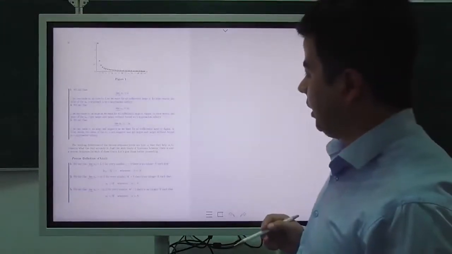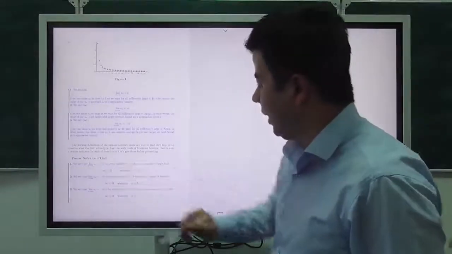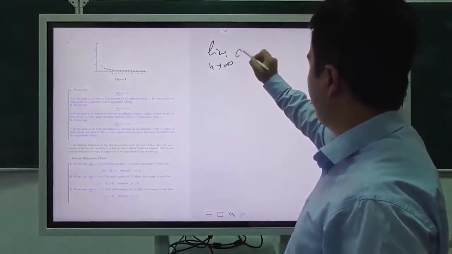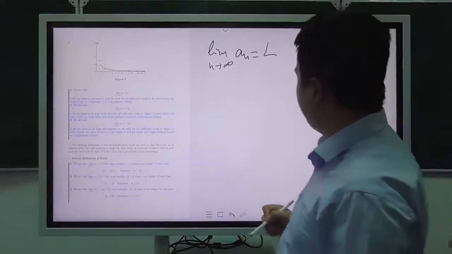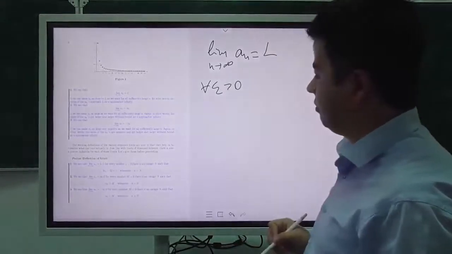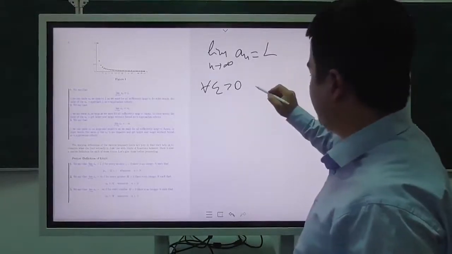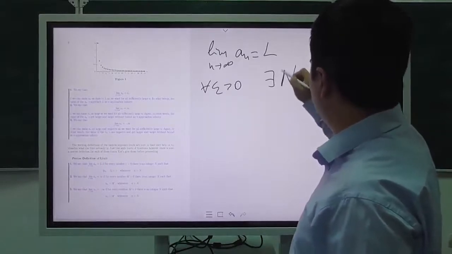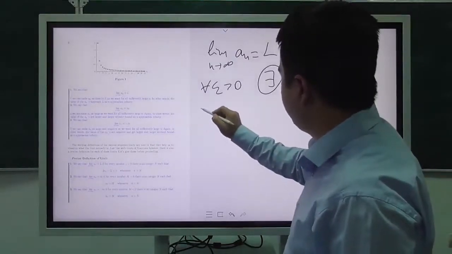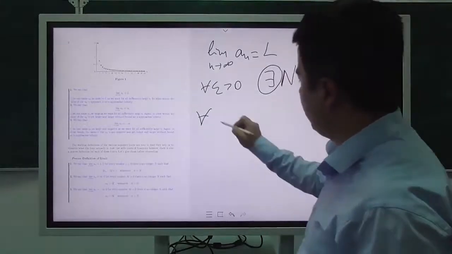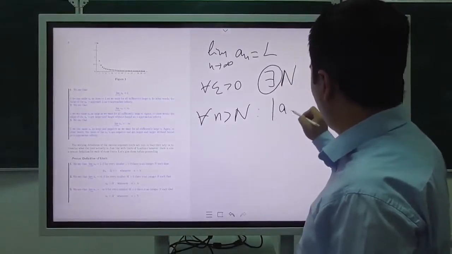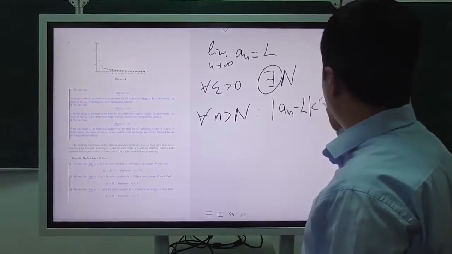So the next definition is: we say that the limit as n tends to infinity of an is equal to L if for every number epsilon greater than 0 there exists a capital N, this symbol means exists, such that for all n bigger than N, we denote for all by this symbol, it satisfies the absolute value of an minus L less than epsilon.